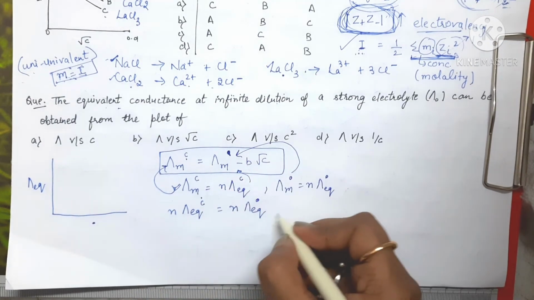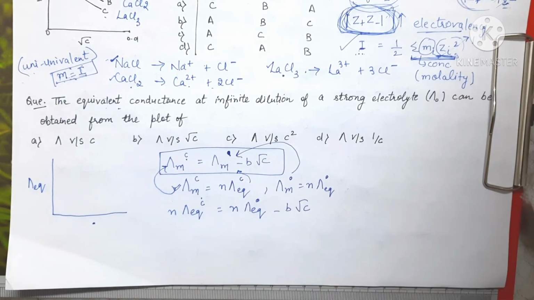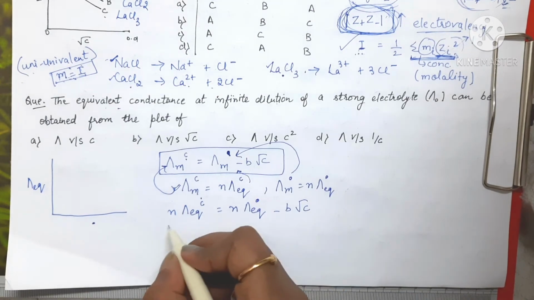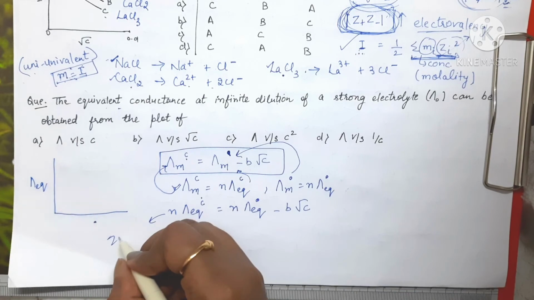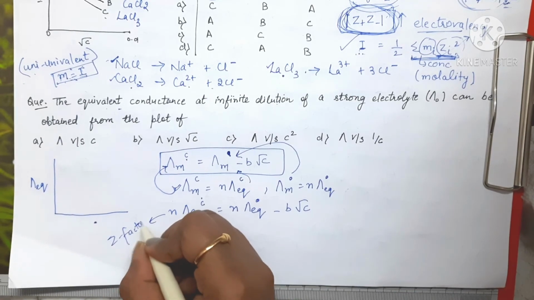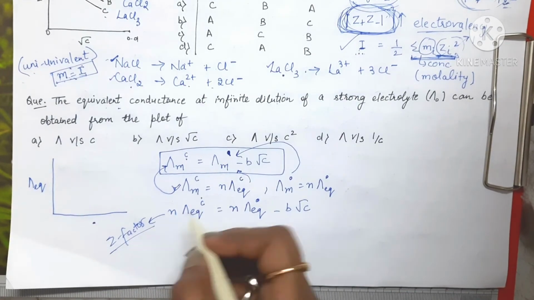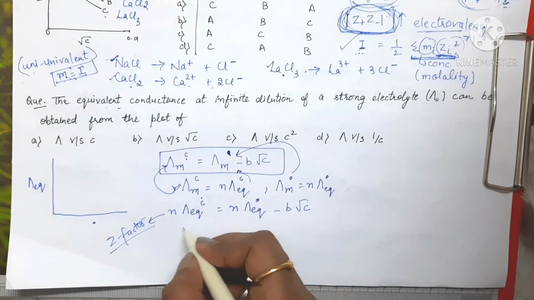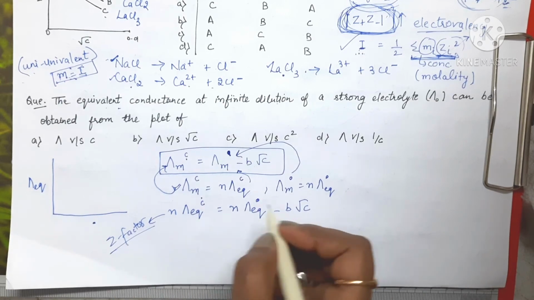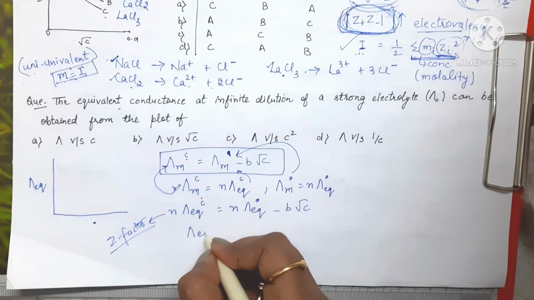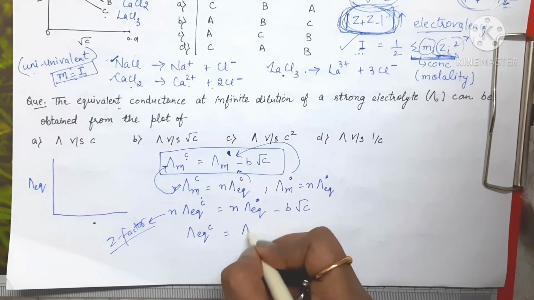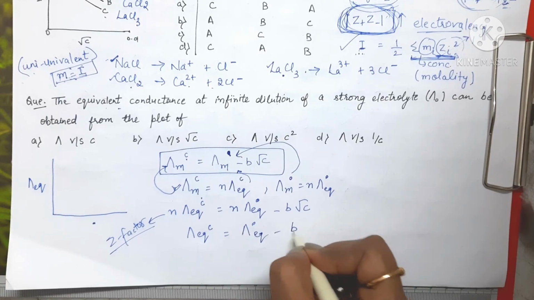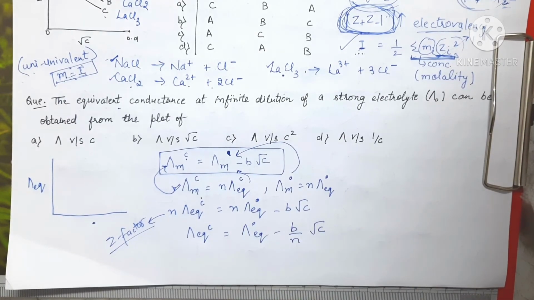Okay, so we'll be getting minus B root C. Now dividing this whole equation by n, this is the n factor, or you can also say the z factor, right? So this we have also studied. So now if I divide this whole equation by n, then what I'll be getting is lambda EQ at concentration C will be equal to lambda naught EQ minus B by n root C.